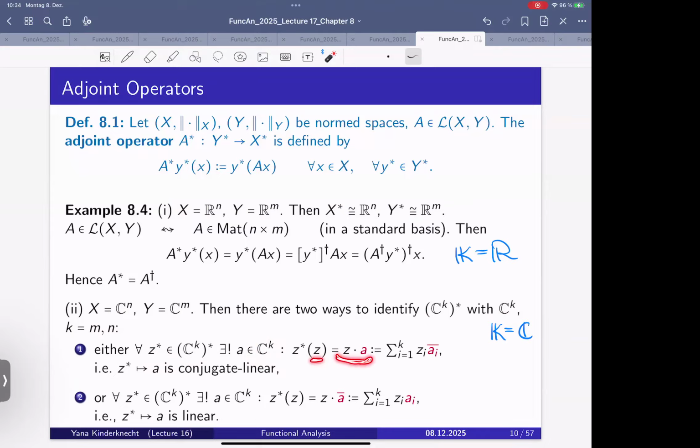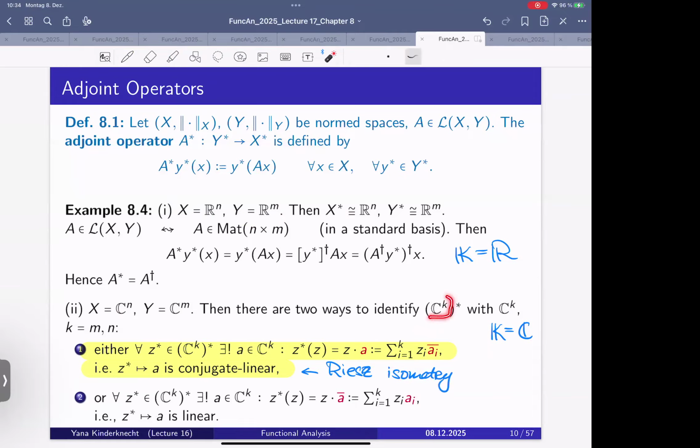It's a scalar product of Z and A. And scalar product in CK is given by this formula. So we have a complex conjugation here on the second argument. And this is exactly the special case of Riesz isometry.